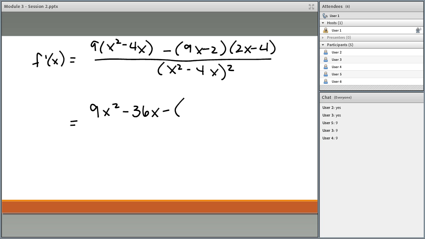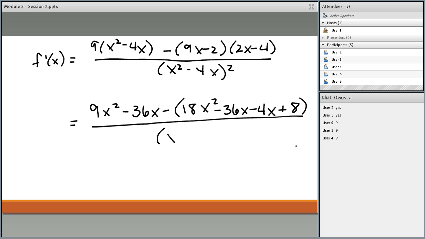So if I FOIL this out, I have 18x squared and then minus 36x minus 4x plus 8. All of that is over x squared minus 4x squared. And you could simplify here if you wanted to, or I'll just distribute the negative and simplify all of the x terms at once.